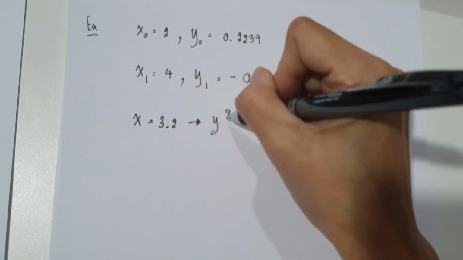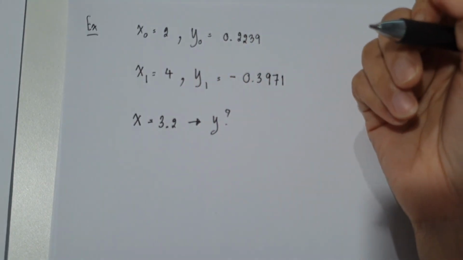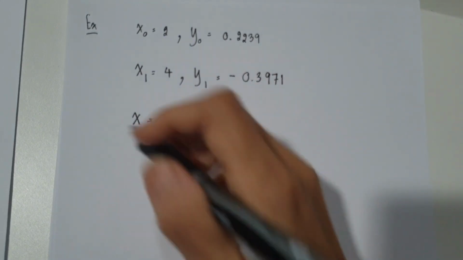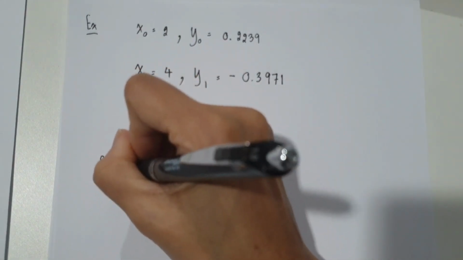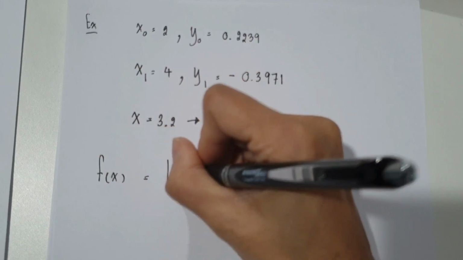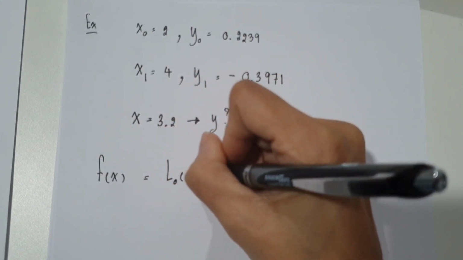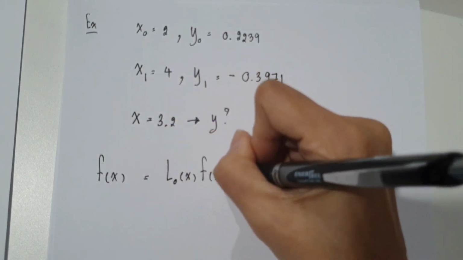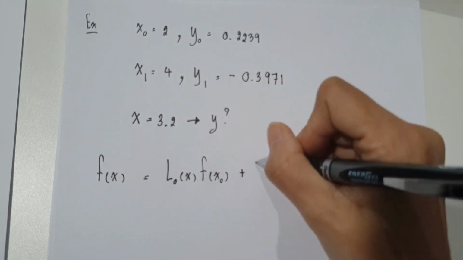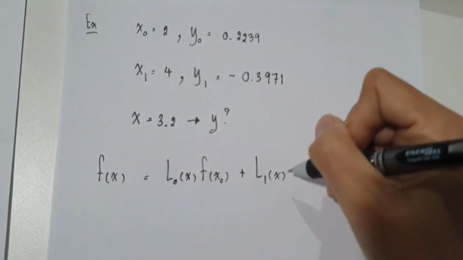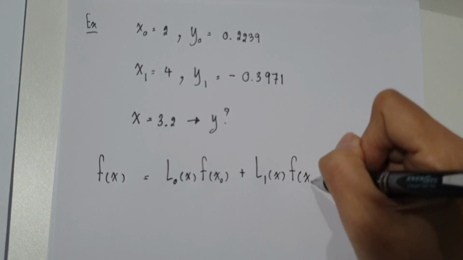So from here you can approximate f(x) from L0(x) times f(x0) plus L1(x) times f(x1).